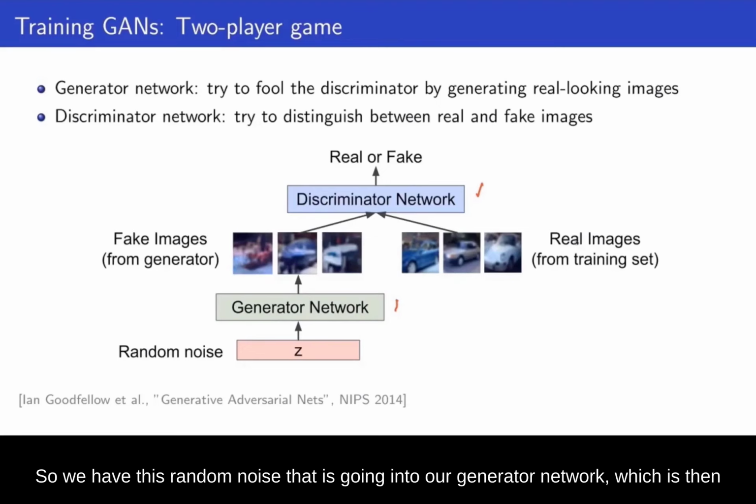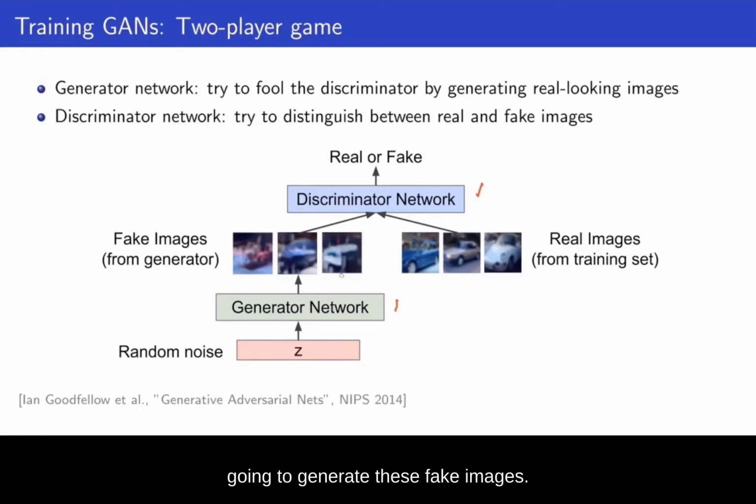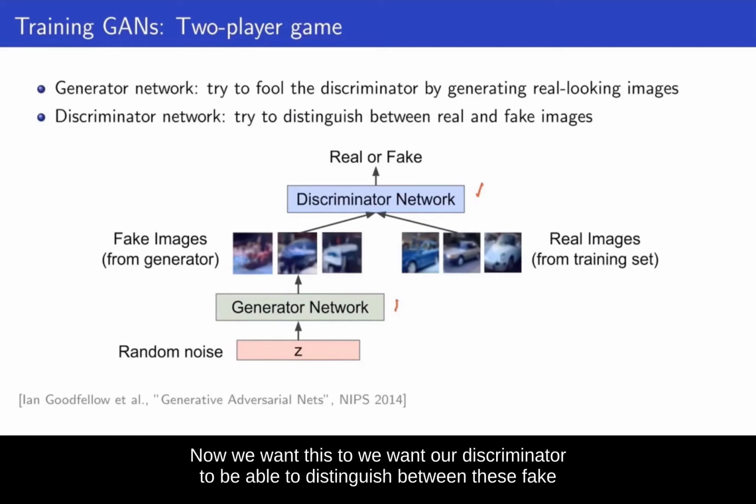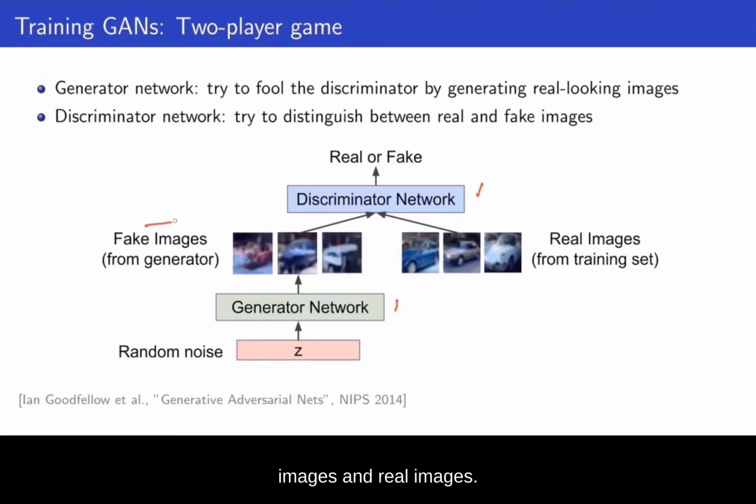So we have random noise going into our generator network, which generates fake images, and we also have real images from our training set. We want our discriminator to be able to distinguish between these fake images and the real images.